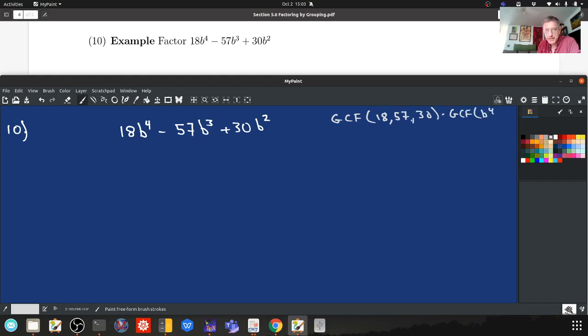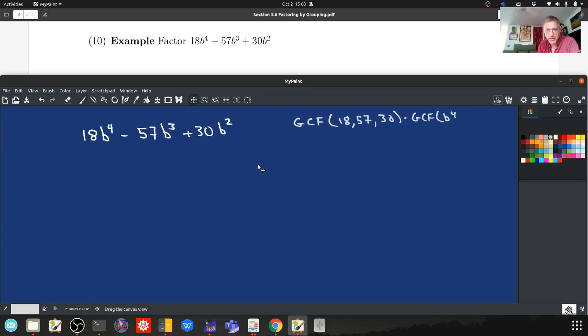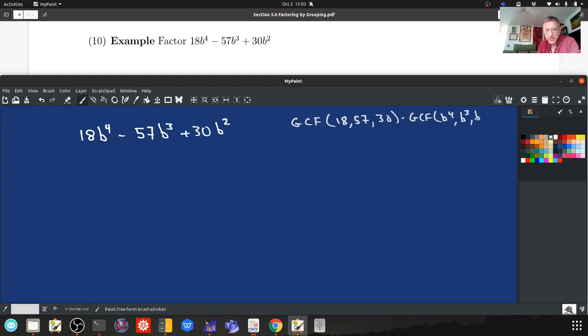That's the easy part, right? The variable terms: b to the 4th, b to the 3rd, b squared. Well, this part right here is b squared. I take the smallest exponent.